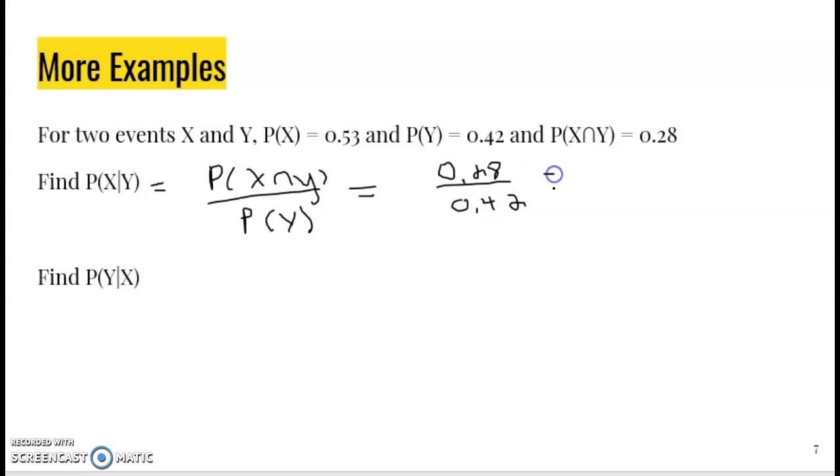So I divide those, and it would be 0.667.